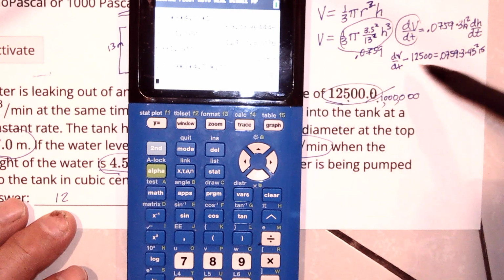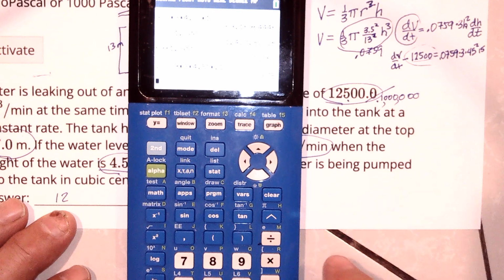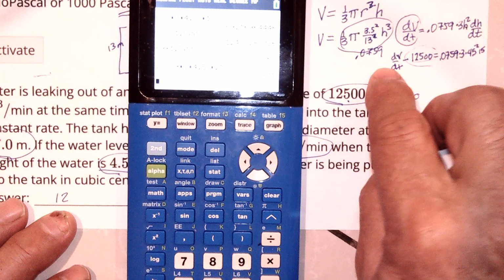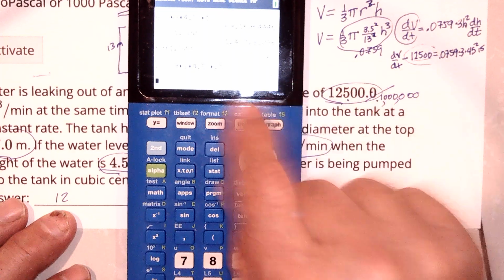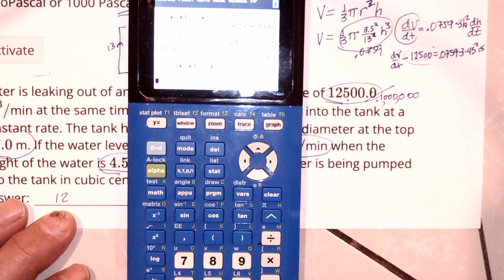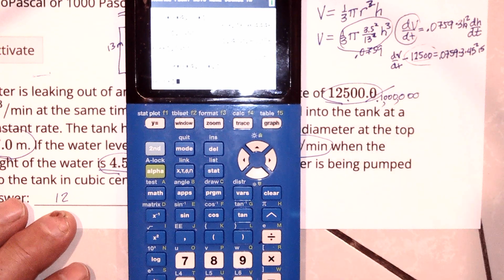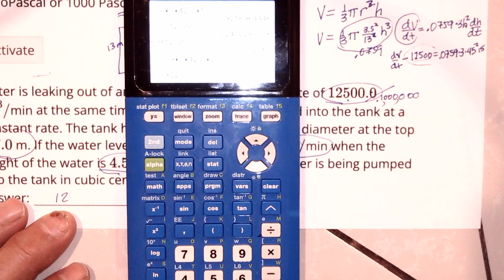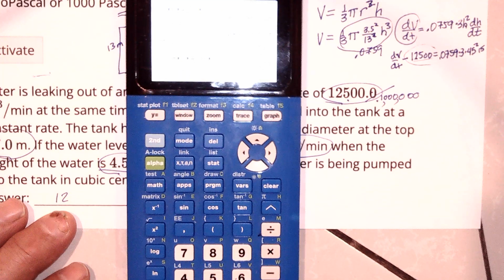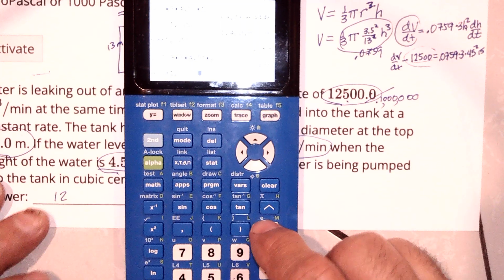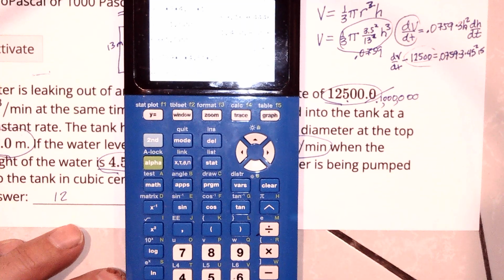Now, there's a leak here, and we need to find out how many cubic meters are leaking here, that the water's going to have to be putting in to be going over. So we're going to add to this 12,500, but we need that in meters cubed, so I'm going to divide by 1 million.